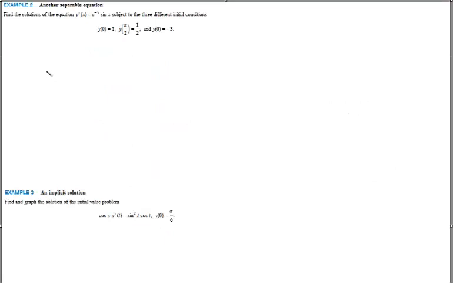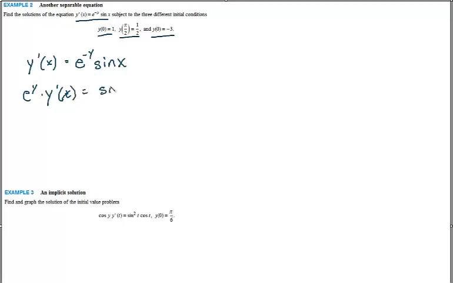And for our next problem, here is our differential equation, and I'm going to have 3 separate boundary conditions here, initial conditions. So I will solve my differential equation by method of separation of variables when possible, and it is possible here. So I will get e to the y times y prime of x equals sine x.